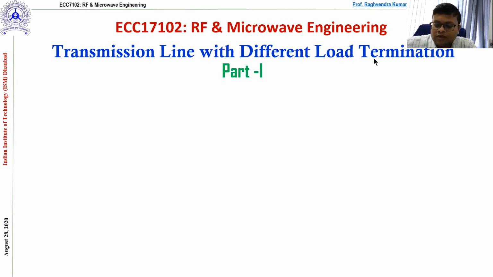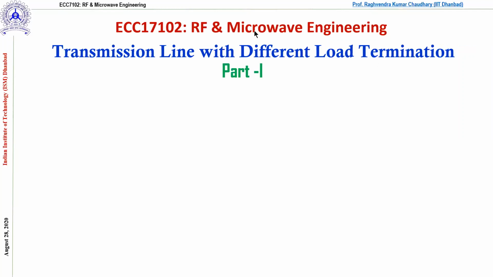So in this class and the next one or two classes, we'll try to stress over these things, and we'll try to find out what happens when this transmission line is terminated with arbitrary loads. Fine.